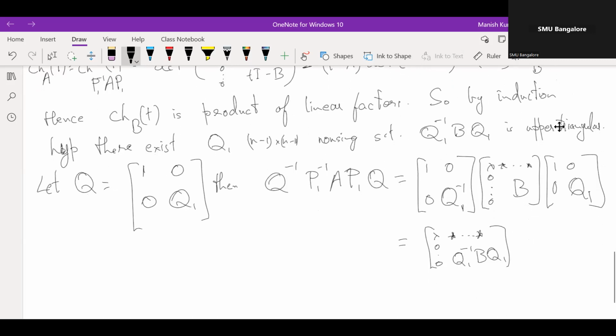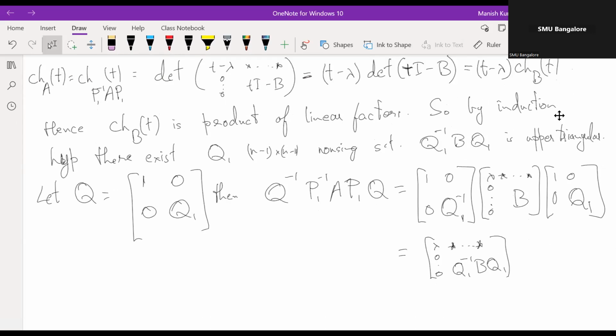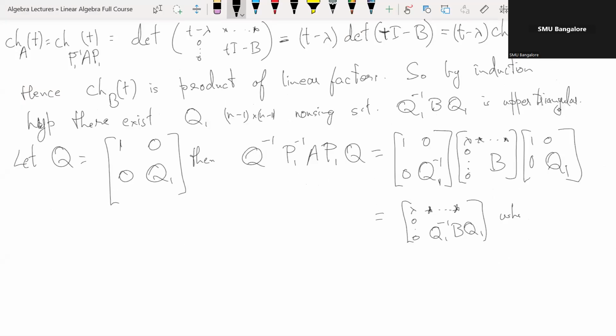This is some matrix calculation you must have seen earlier. And this, of course, we know is upper triangular, because this part, Q1 inverse B Q1, is upper triangular. Then this becomes upper triangular.